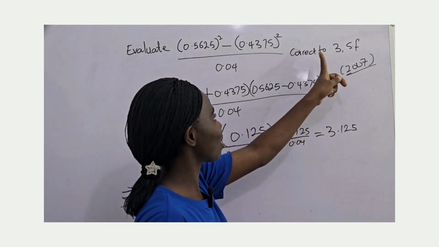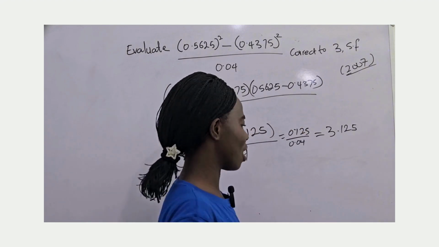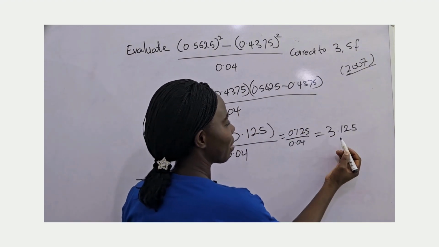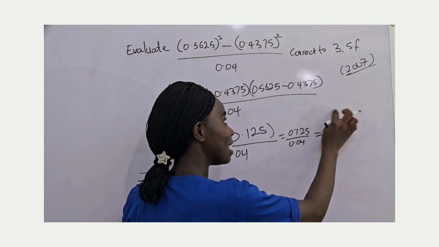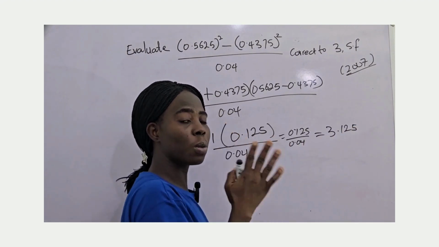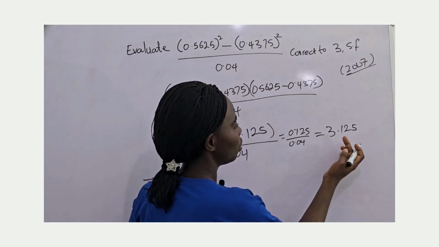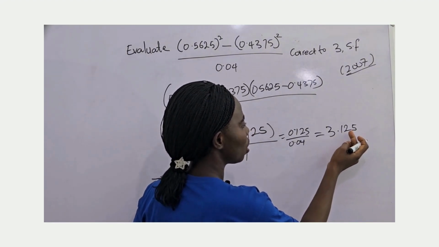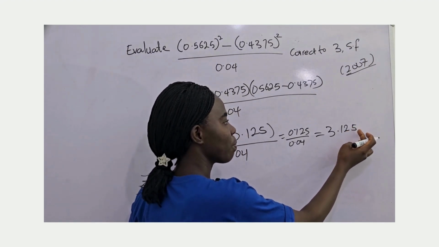You said correct to 3 significant figures. So let me explain what significant figure implies. Significant figure means the figures needed here should just be 3, starting from the first significant figure. The first significant figure here is 3. So you have 1, 2, 3. But we have 5 left. What do we do with 5?